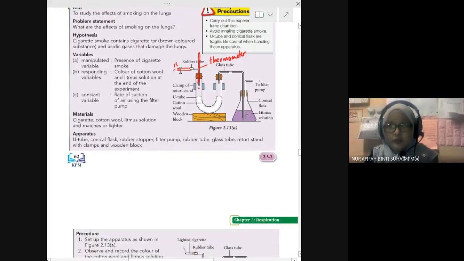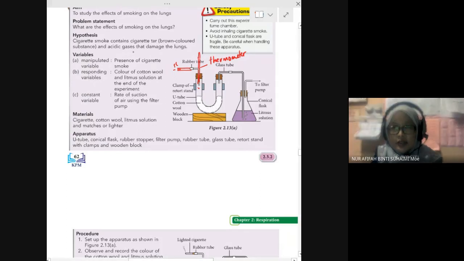Okay, we have hypothesis. Cigarette smoke contain cigarette tar and acidic gases that damage the lung. This is hypothesis. Our hypothesis. Kita punya jangkaan. Betul tak? Cigarette smoke contain cigarette tar and acidic gases?